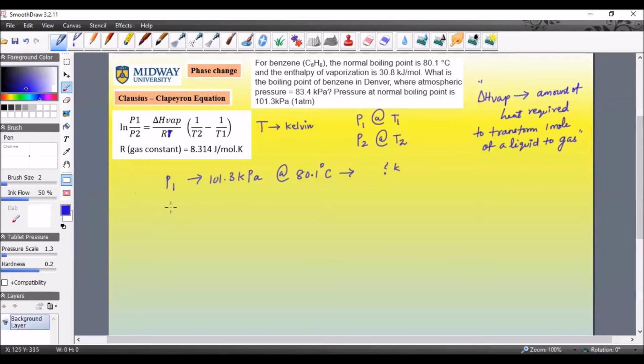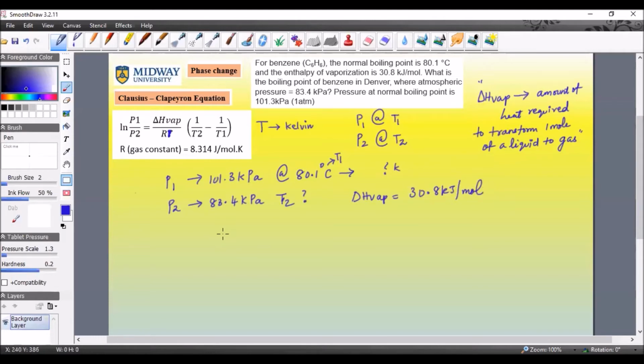The pressure in Denver is P2, which is 83.4 kilopascals. This right here is our T1. We are asked to find T2. We are given the delta H vaporization as 30.8 kilojoules per mole.